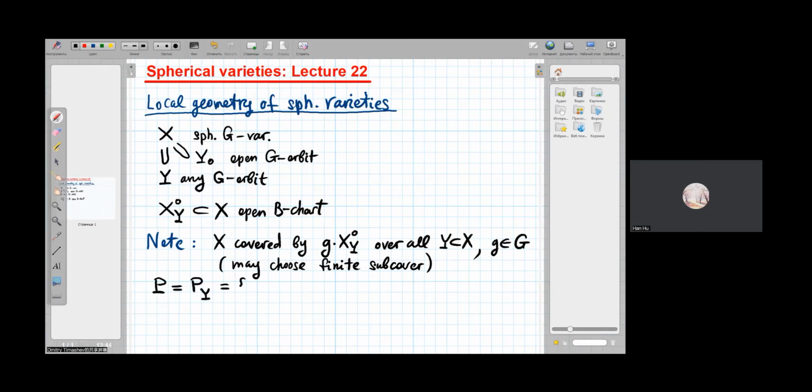It consists of all elements of G which preserve the B chart X sub Y0.